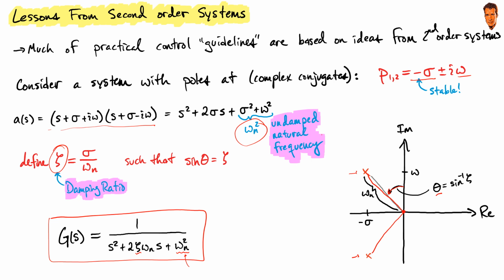So the smaller the damping is, the smaller this angle. And so that means you're going to be closer and closer to this imaginary line where there is no damping. And once you're at 90 degrees here, where theta is equal to 90, the damping ratio gets to 1. That's the maximum damping you can have, because there's actually no more oscillation at that point, because then you'd be on the real line. So this was all motivated from this second order system interpretation.